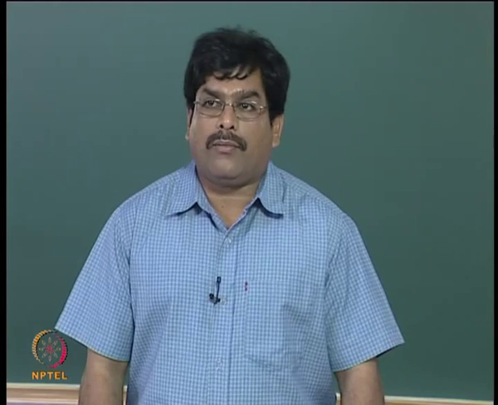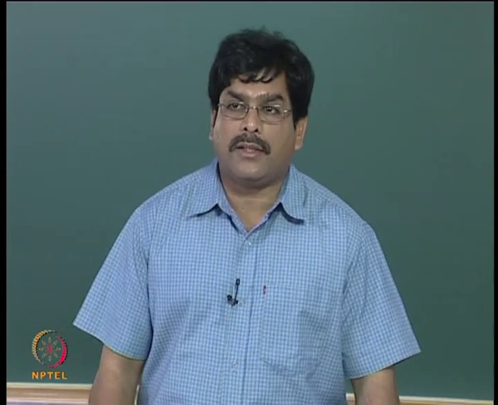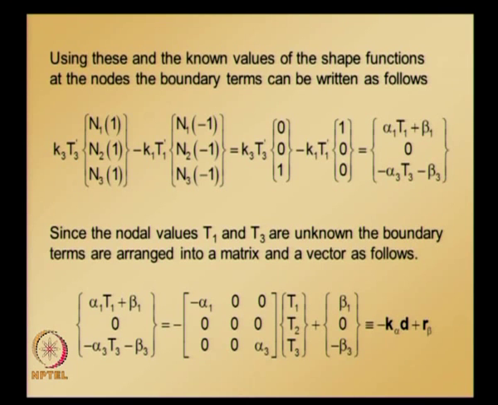So, this vector, alpha1 times T1 minus beta1, 0, alpha3 times T3 minus beta3, can be written as minus k alpha times d plus r beta. So, substituting this, the element equations can be written in this manner.